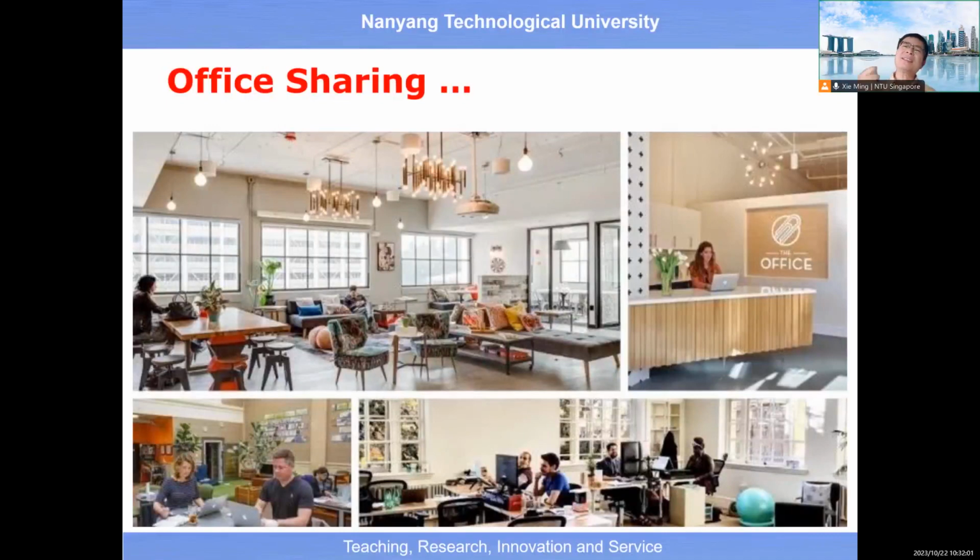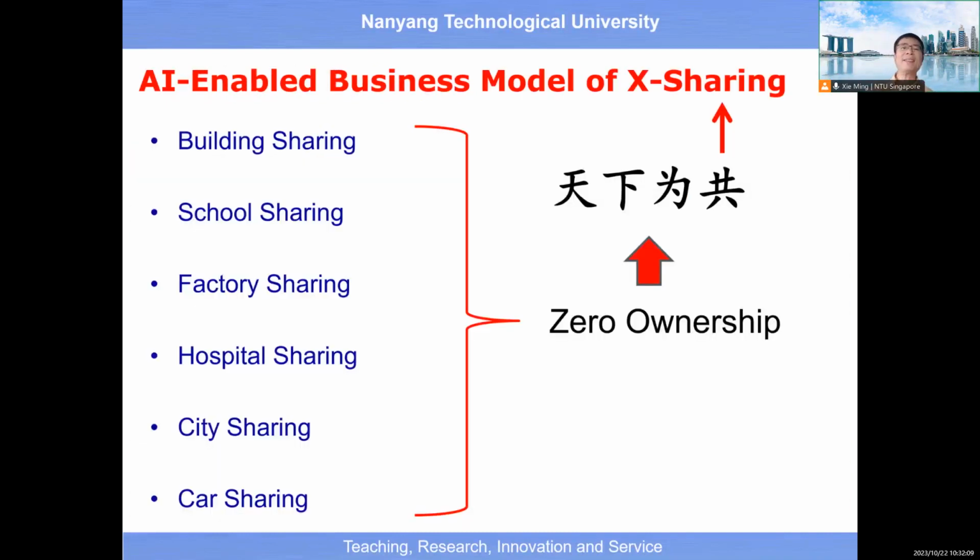And this philosophy of sharing could be extended to other systems in our modern life. For example, we can do building sharing, school sharing, factory sharing, hospital sharing, all right?